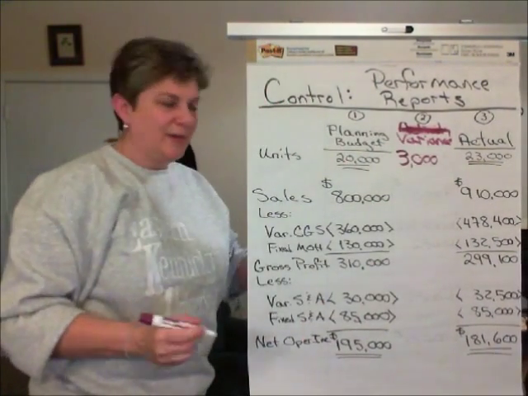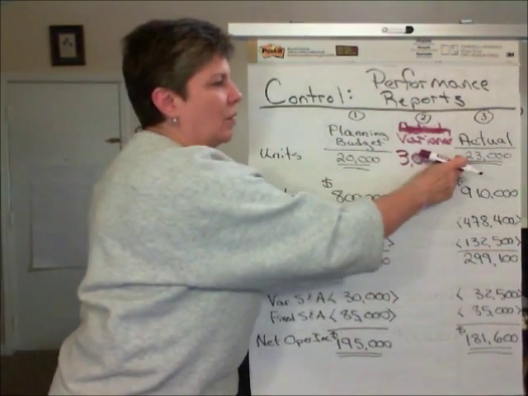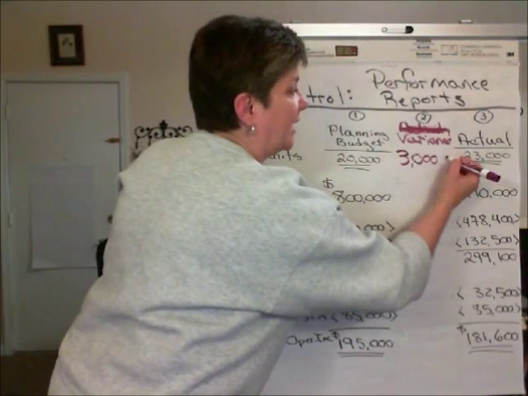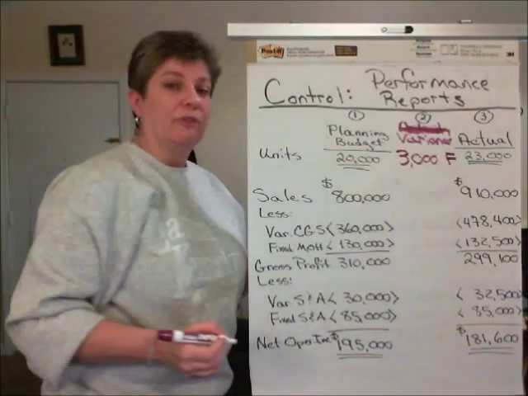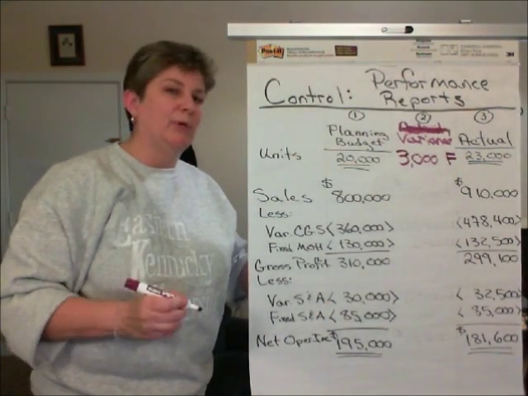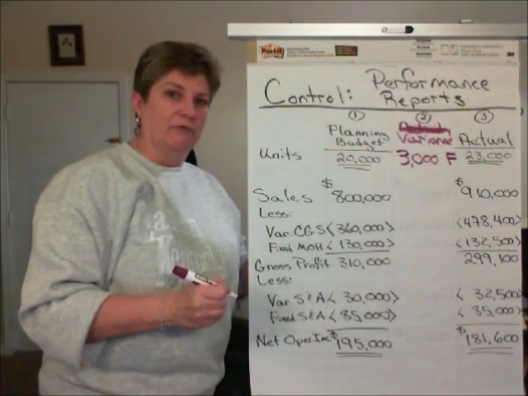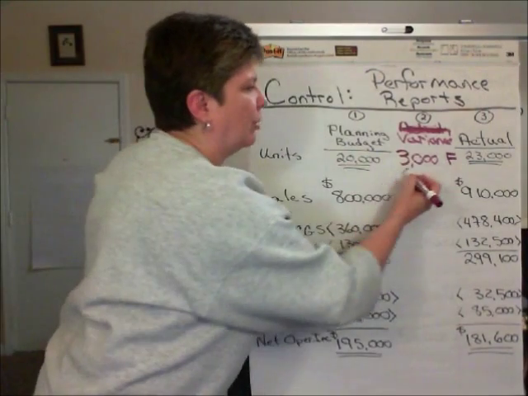So in this case, since we sold 3,000 more units than we expected to sell, that is a favorable variance. So we'll label variances F for favorable and U for unfavorable. So in this case, a favorable variance.